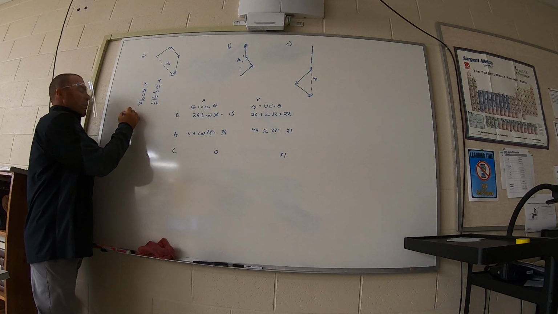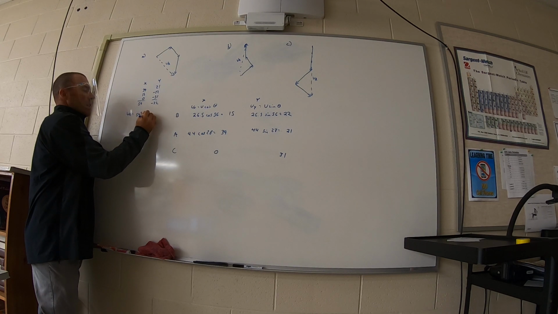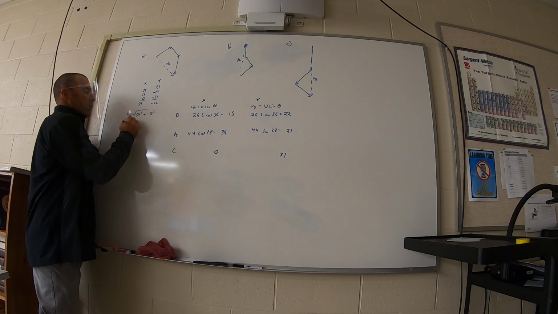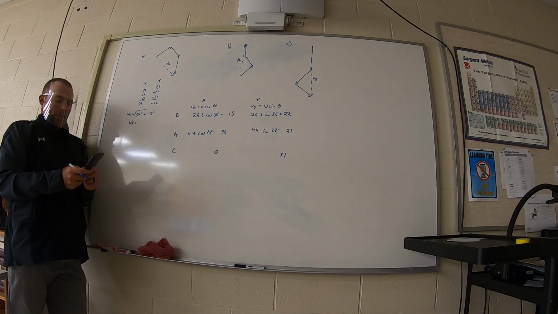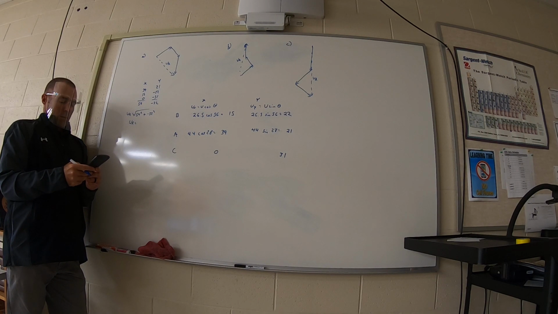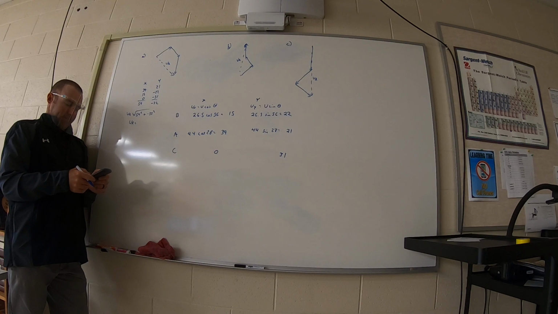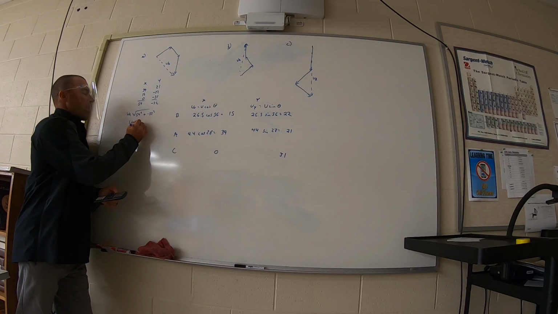And let's solve the Pythagorean theorem. So VR is equal to the square root of 54 squared plus negative 32 squared, and we get VR is 63.